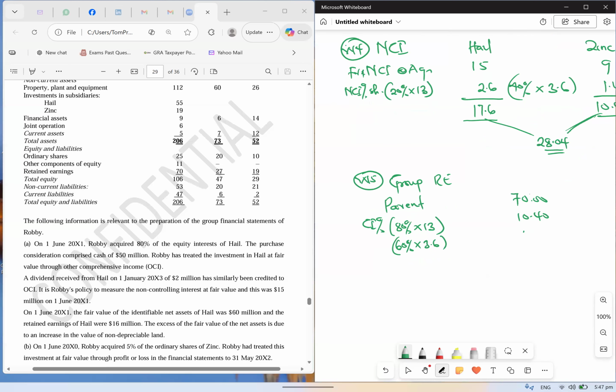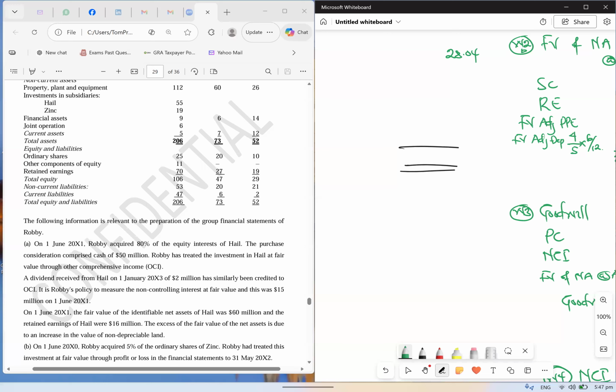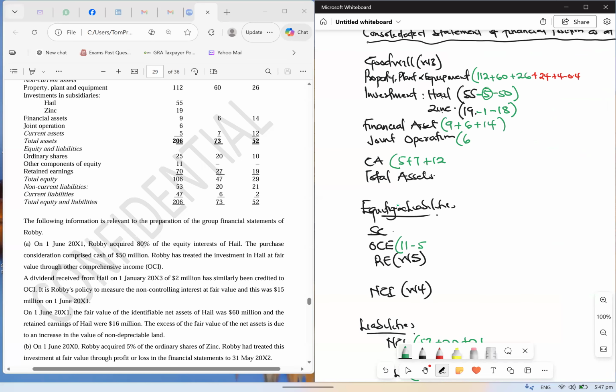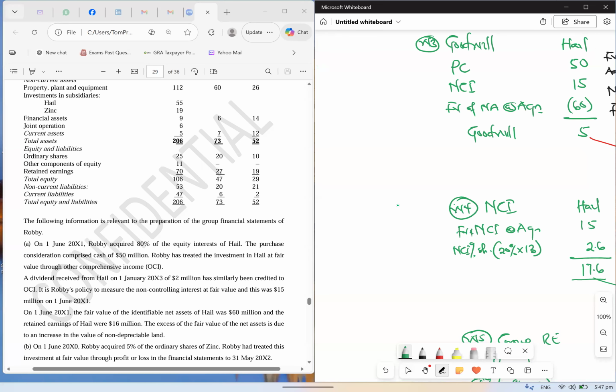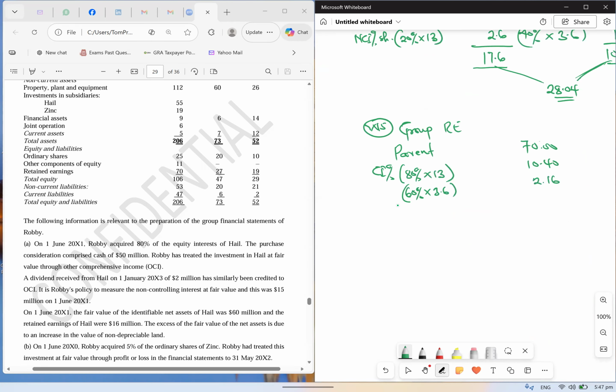2.16. Remember, the one that I deducted from here, the one they do fair value through P&L. That particular one I need to deal with. So reverse the fair value on investments. All right, so that one is 1. Take note of that.